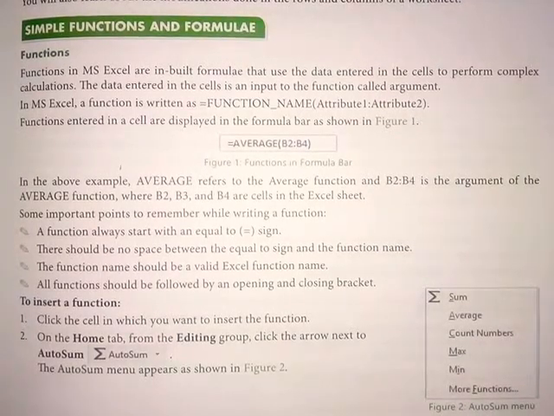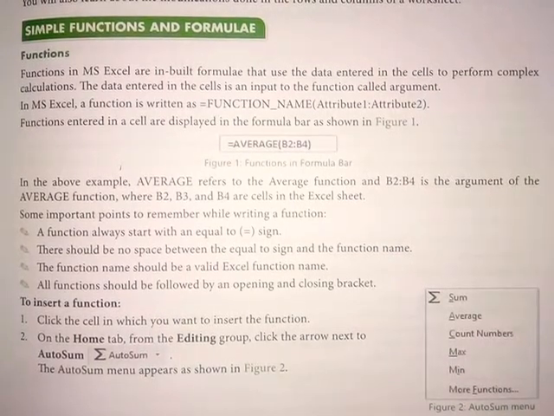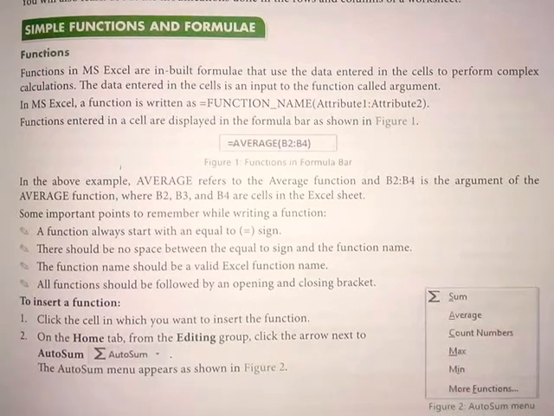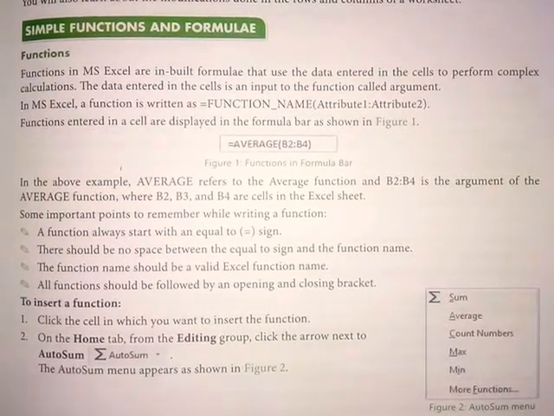In the above example, average refers to the average function and B2:B4 is the argument of the average function, where B2, B3 and B4 are cells in the Excel sheet. Some important points to remember while writing a function.